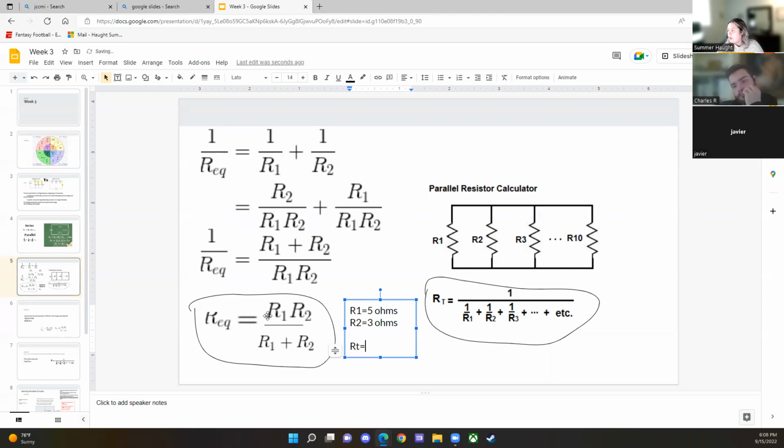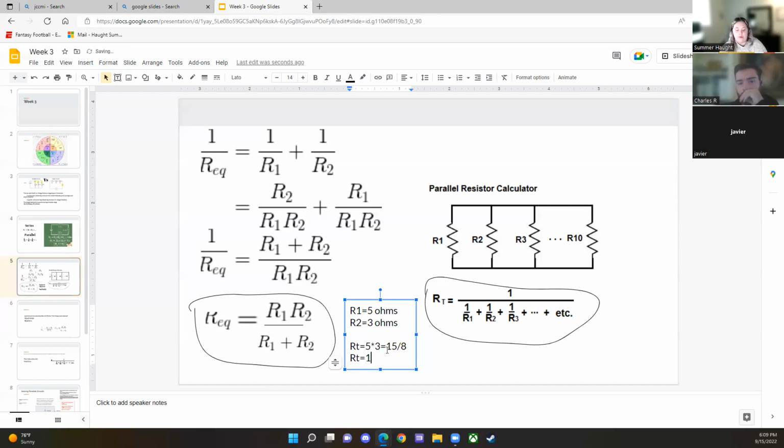We could do this by doing 5 times 3, which is 15, and then divide that by the sum. So 15 divided by 5 plus 3 is 15 over 8. If you did the math there, 15 over 8 is 1.875.